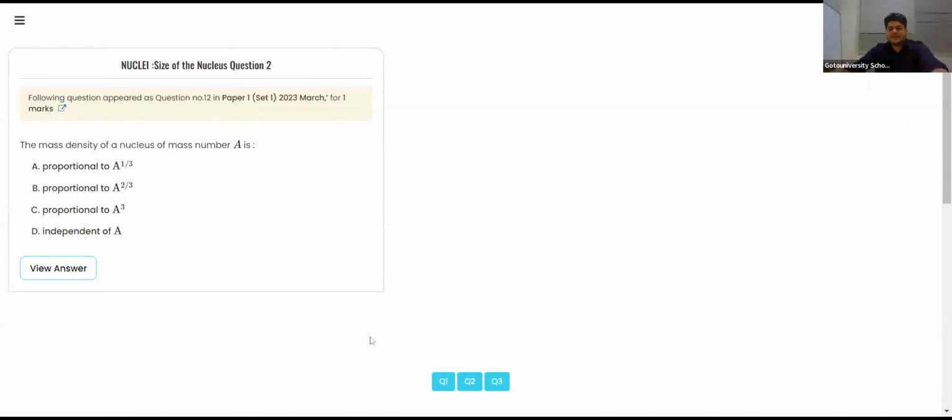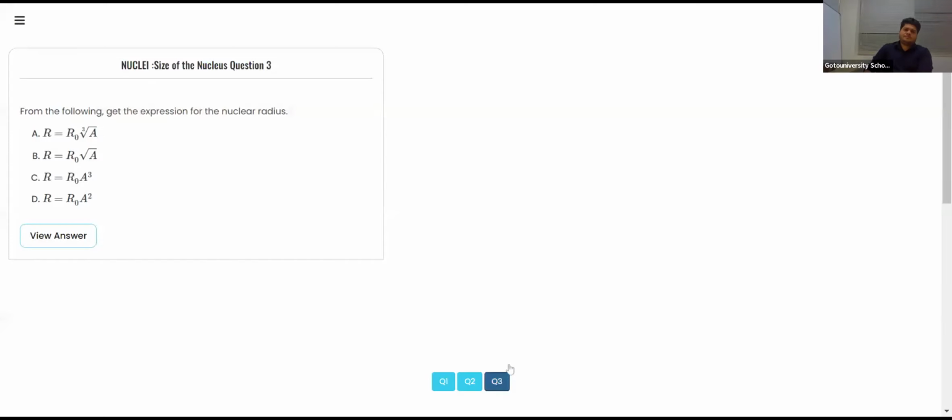Okay, yes. Let's see the next one. Which of the following gives the expression for nuclear radius? Check this one, this one, or this one.